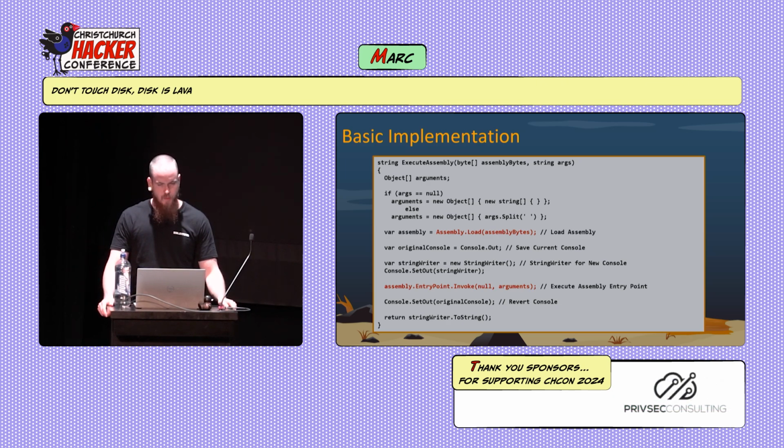Next, we call the entry point for the assembly. We pass through our arguments and it executes it. Once we've done that, we revert the console back to its original value, and then we return the output from the string writer to the operator, which is going to contain the output of executing that assembly.